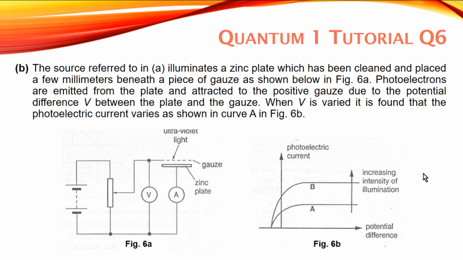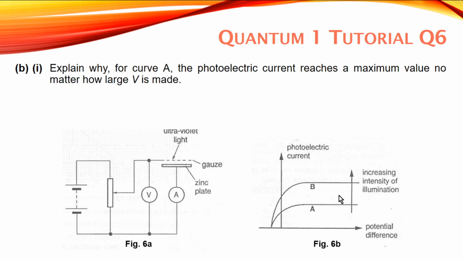Okay, question B, part 1. Explain why for curve A, the photoelectric current, which is this value, reaches a maximum value no matter how large the V is made. So you can see from here, even though they have increased the voltage, the current is still the same.